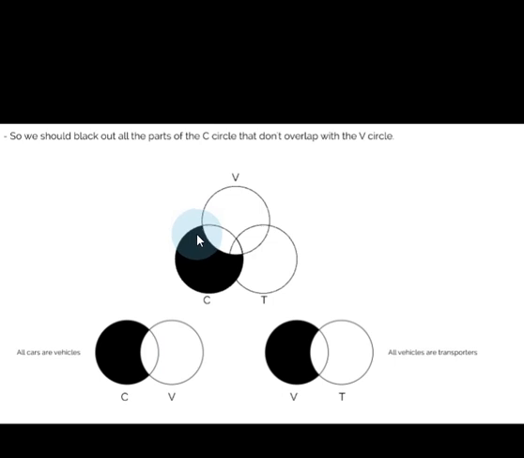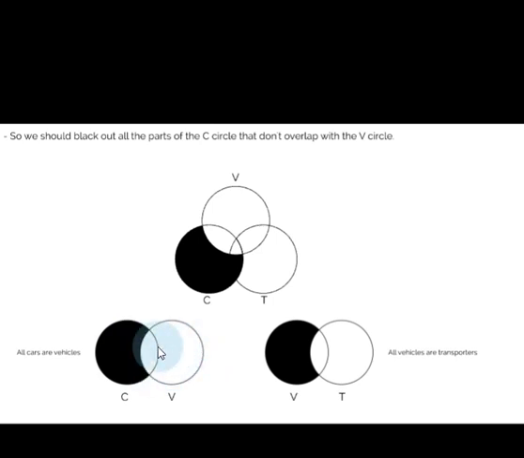Well, no, it said all cars are vehicles. Right? All cars are vehicles. That means there are no cars outside of the vehicle circle. If we look down here, this is how you represent all cars are vehicles. Right?